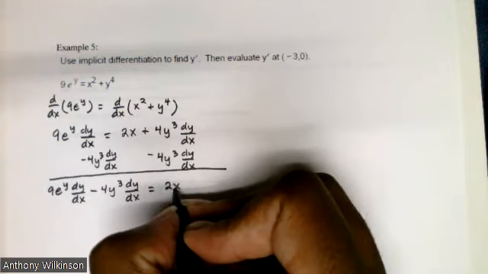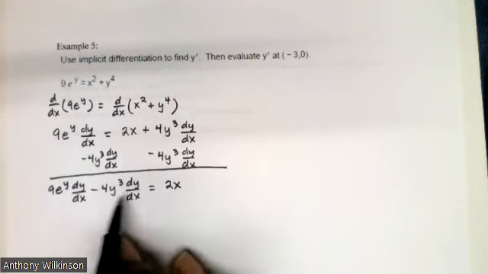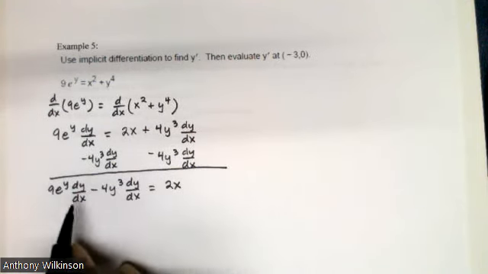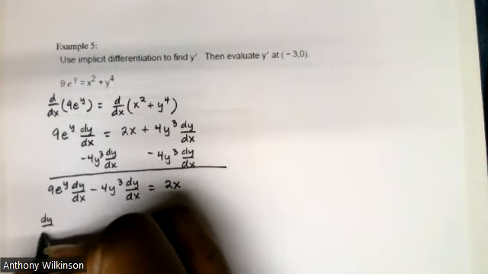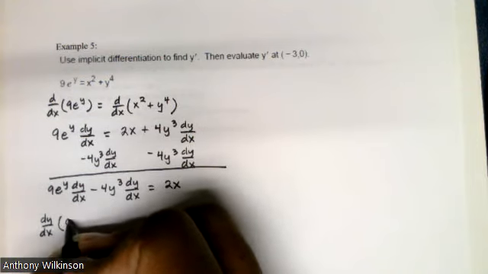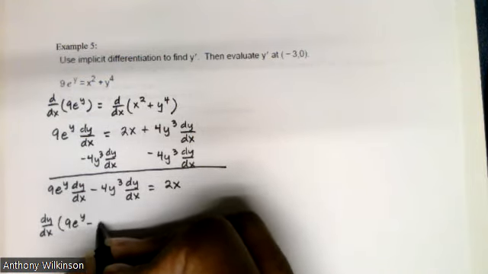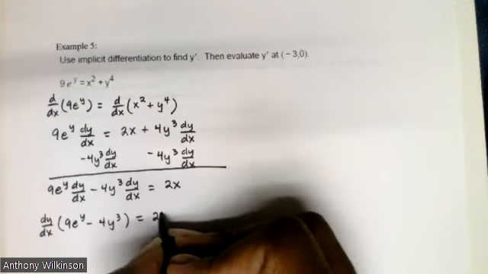That's equal to 2x. And from this, I have dy dx in both terms here. I can factor out the dy dx. So that means I'm going to have 9e to the y minus 4y cubed, times dy dx, equaling 2x.